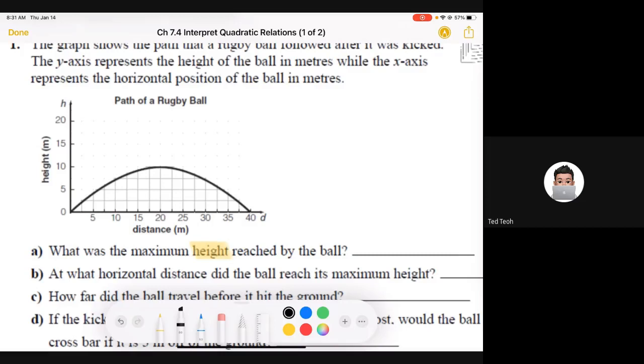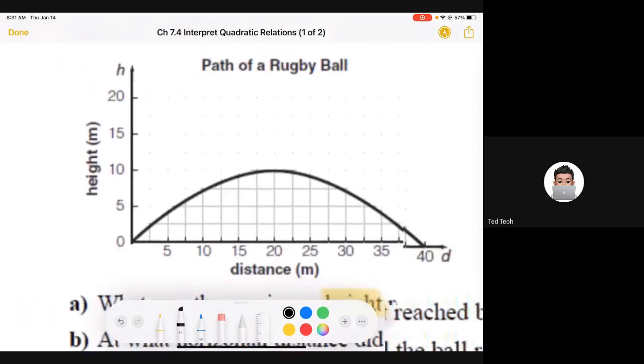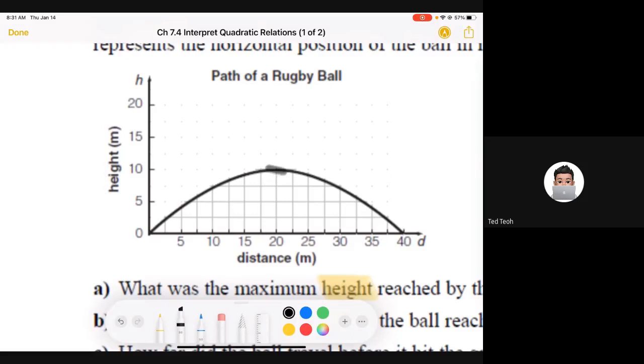So if I look at my graph, again, I'm going to zoom in on the graph. I'm going to look at the highest point it went, which is way up here. There's the point. That's the highest it went. It's kind of hard to see, but it goes to this spot here.